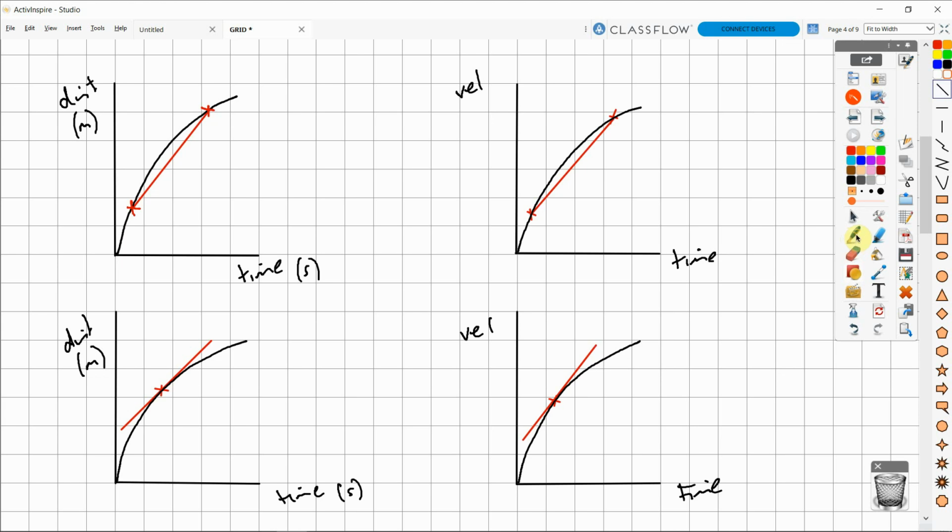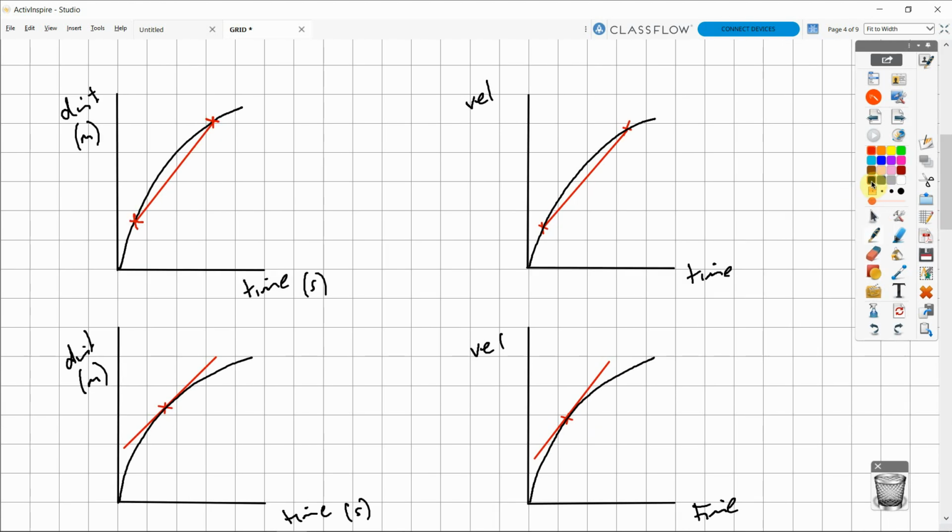So the first thing to be clear about is that a chord is for an average, so that's looking at these two situations here, whereas a tangent for these two situations here is an instantaneous situation.